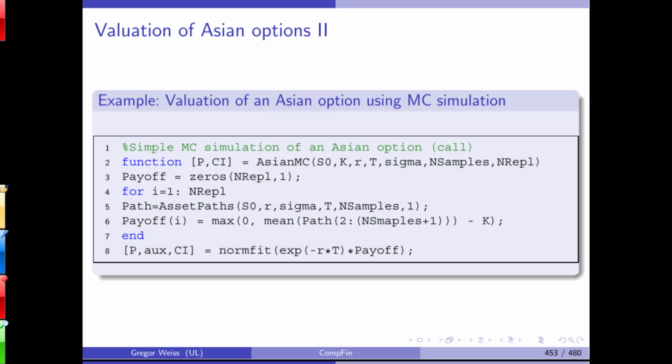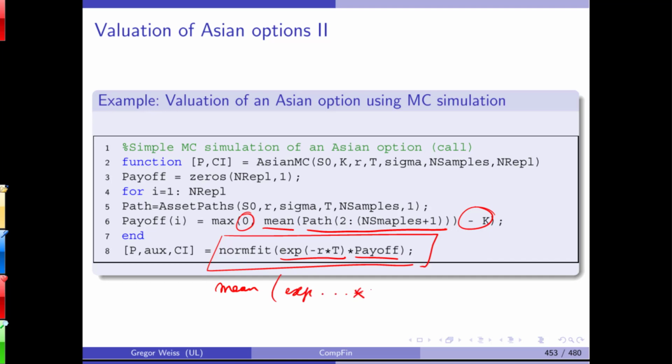Again, simulate 100,000, 200,000 paths from the stochastic process, plug it into the payout profile. In this case, it's the mean of the path up until the end, minus K, or 0, maximum, and then discount the payoff, fit a normal distribution to it, or you could have also written just the mean of the payoff. It would have given you the same result, with the difference that here we also get a confidence interval.